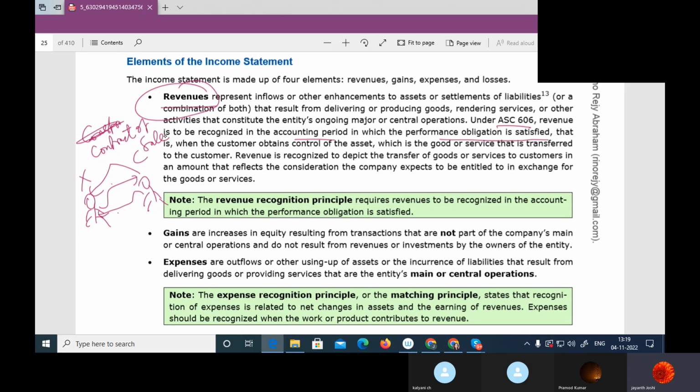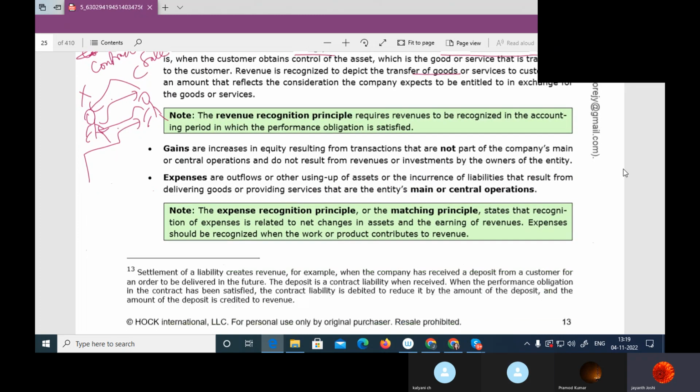Fine, and that is the performance obligation the seller has towards the customer. So revenue is recognized to depict the transfer of goods. The seller has transferred all the risk and rewards related to that particular good to the customer, and he has charged something for that transfer. Correct? That consideration is revenue.